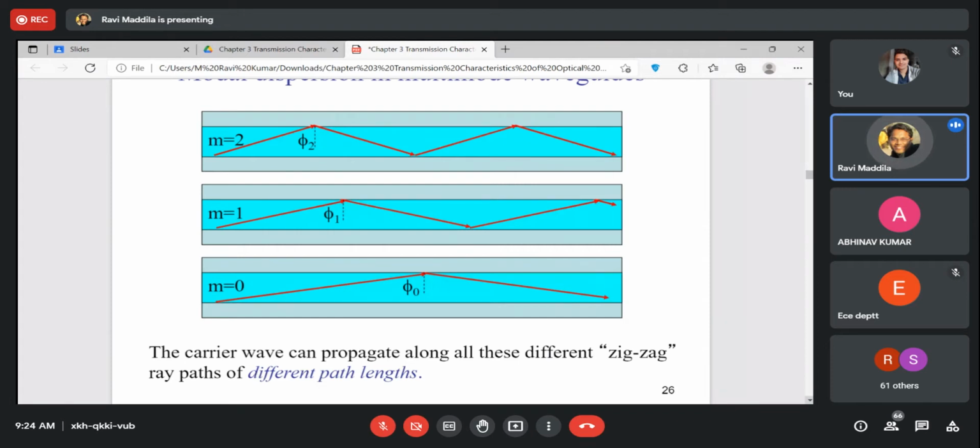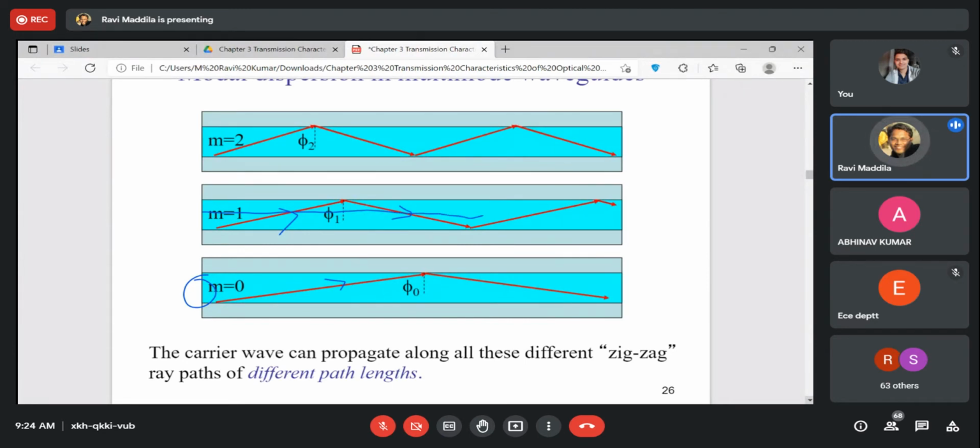This is a multimode fiber wherein the core diameter is much larger, and so corresponding to different values of m, you will have different modes which propagate. Here you can identify that the path length of these rays would vary because of the number of reflections it takes.